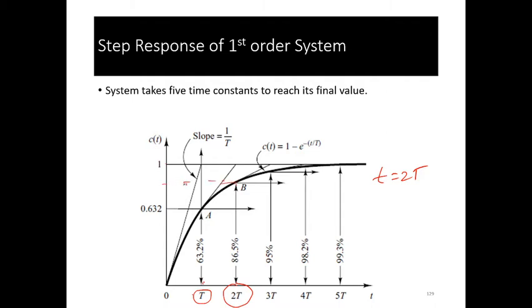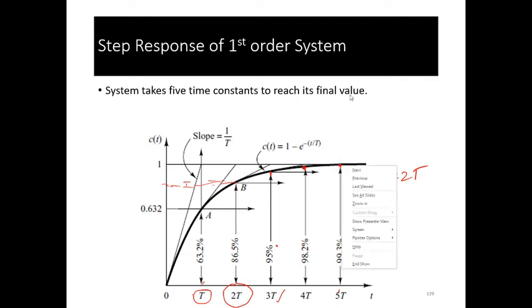If you put 3T, it means you have achieved 95%. If 4T, you get 98%. If 5T, it means you have achieved 99.3%.